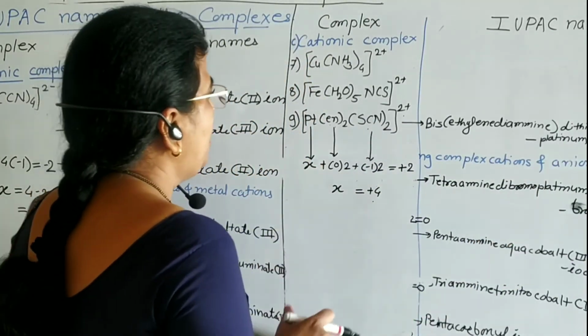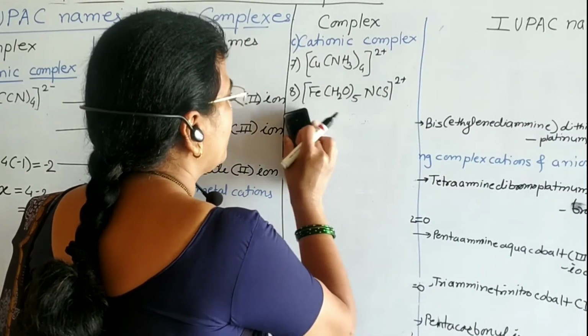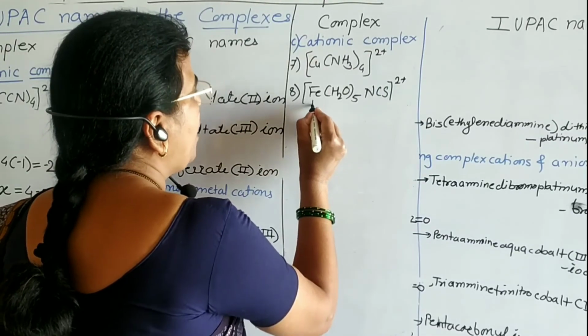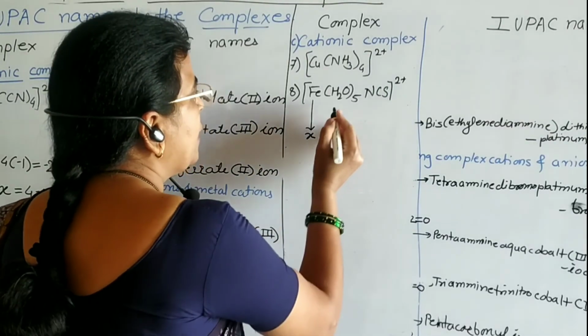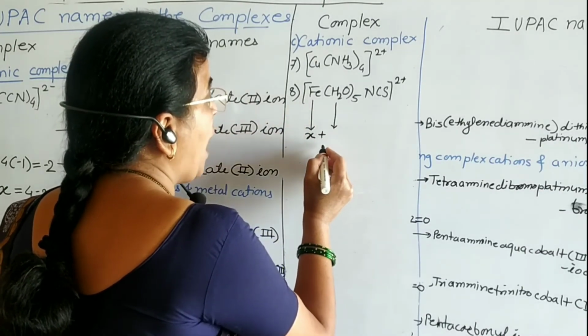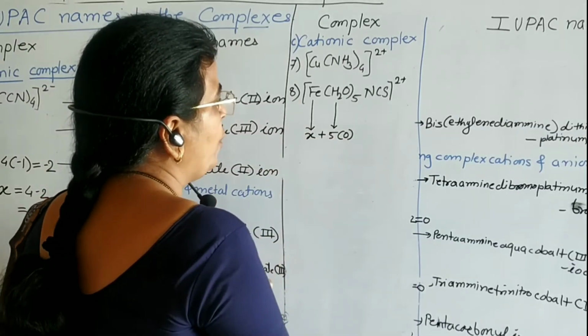Now we are going to see this next one. Now first calculate the oxidation state of iron. Consider it as X. Now here there are 5 H2O, that is aqua groups. Now the oxidation state of H2O is 0.